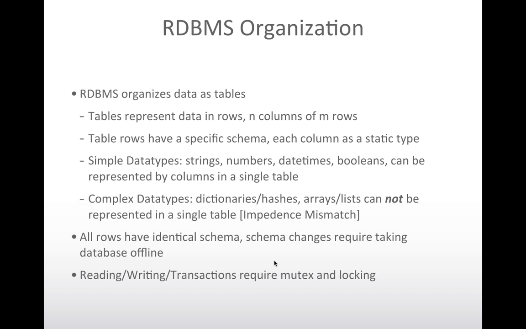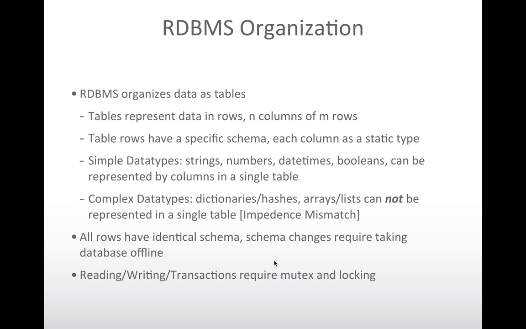We have tables that represent data in rows, and each row has a number of columns. And the important part is that, to be able to do anything, you have a very strong schema. You have created a schema with a list of tables, each table having columns, each column having a specific type. So it's a very static schema.